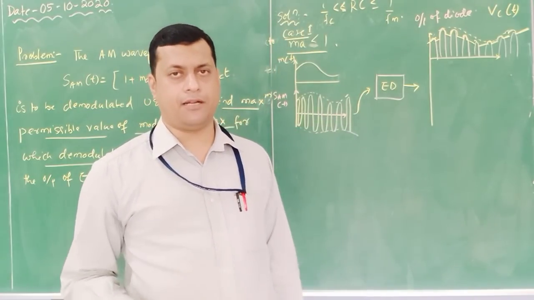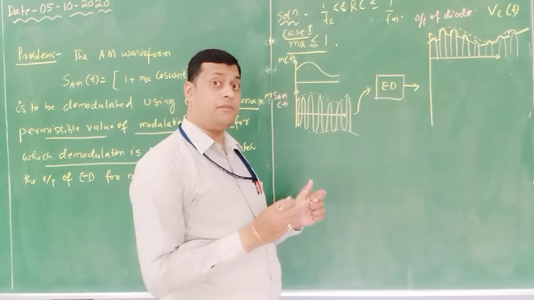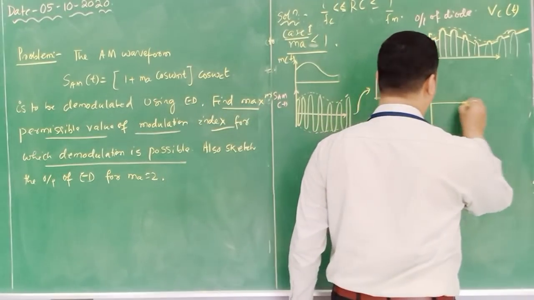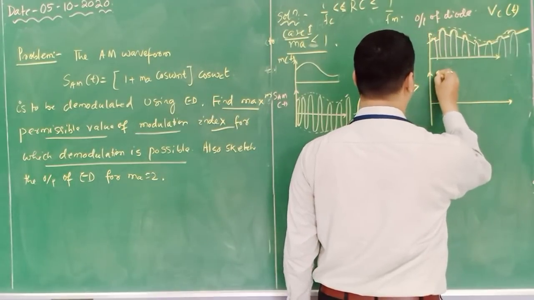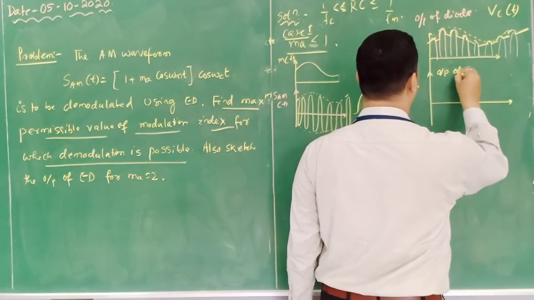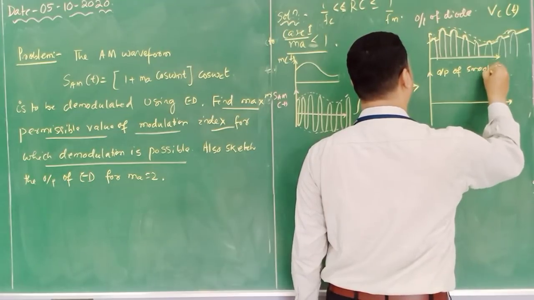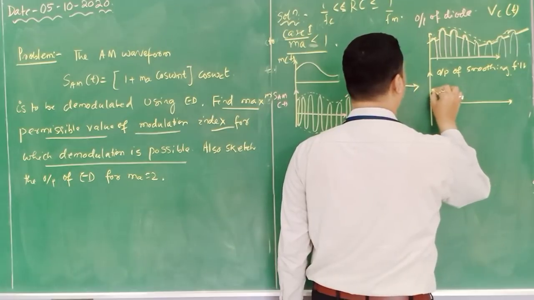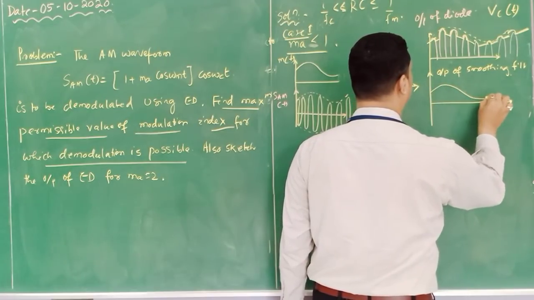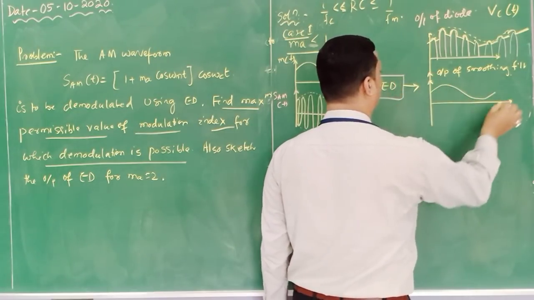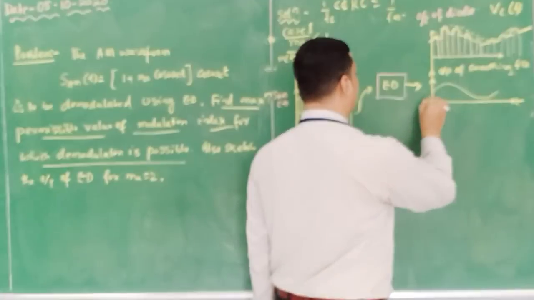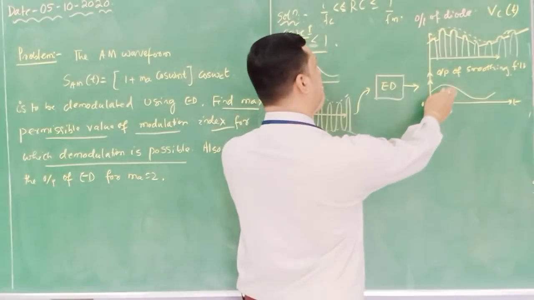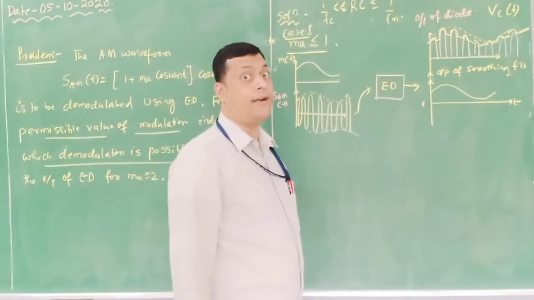What is the smoothing filter? The smoothing filter is nothing but a parallel combination of R and C. So the output of the smoothing filter will look like this. So this is my output. Now here you can see that the modulating signal and the output reconstructed signal are quite similar.